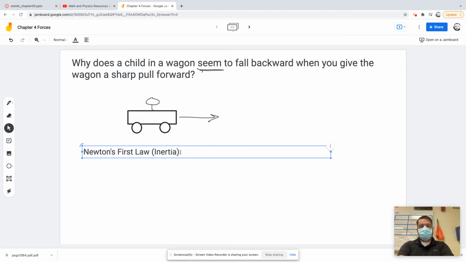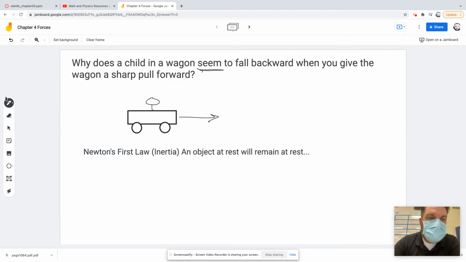Can somebody tell me? An object at rest will what? Stay at rest. Remain at rest. So there's a lot of stuff going on here, and I'm going to unpack this, and it's going to be an over-explanation, but it's necessary because we need to talk about it.